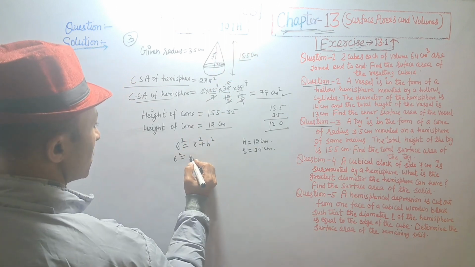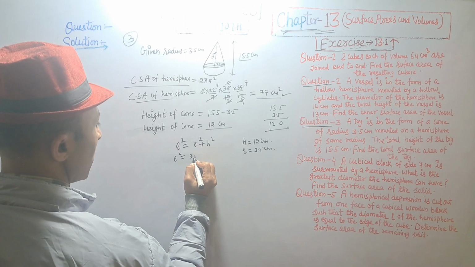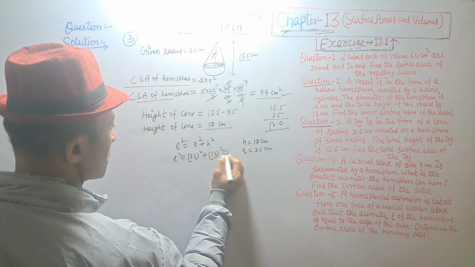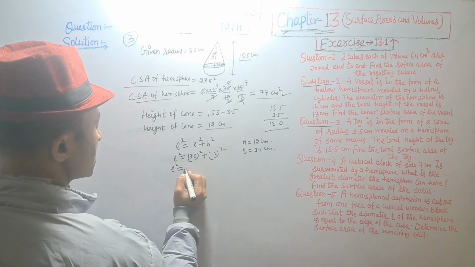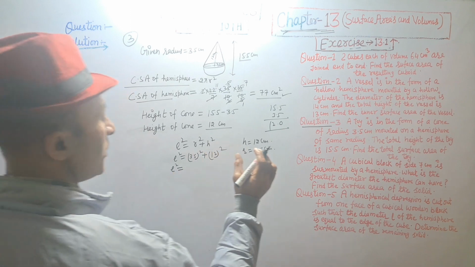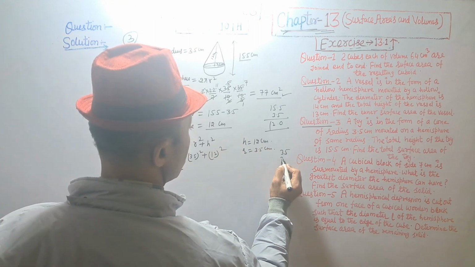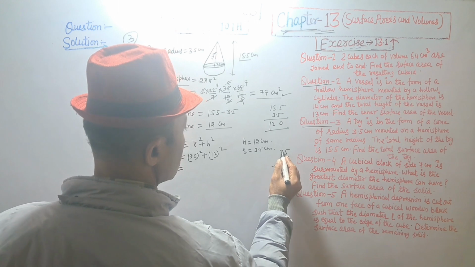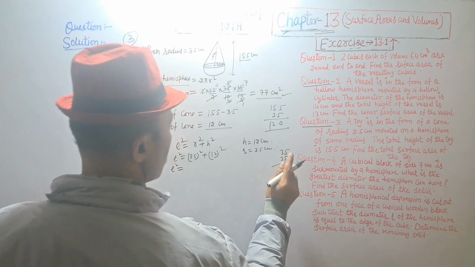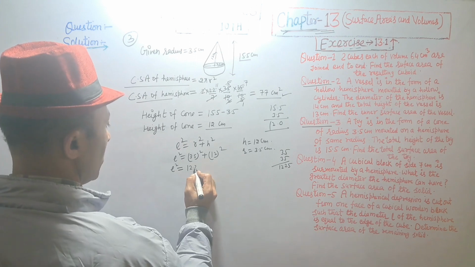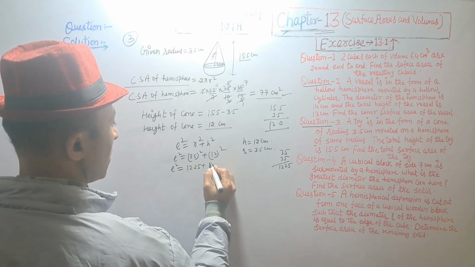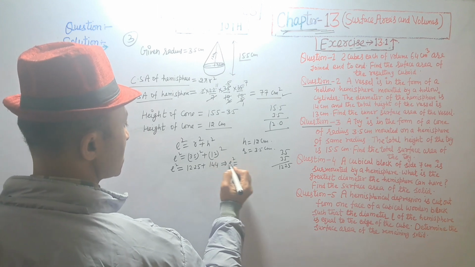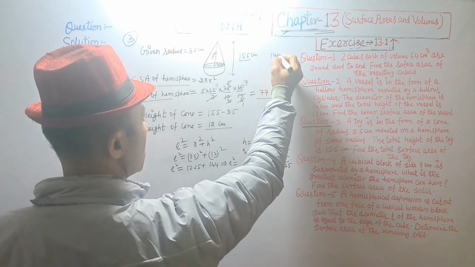L square is equal to 3.5 raised to power 2 plus 12 raised to power 2. L square is equal to 3.5 into 3.5, that is 12.25, plus 12 12s are 144.